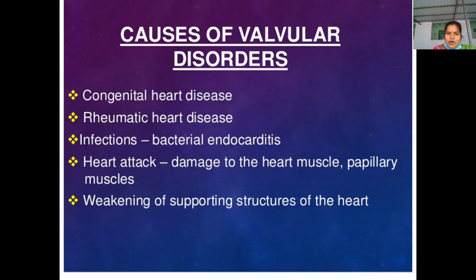So, causes of valvular disease. What are all the causes? Congenital heart disease, rheumatic heart disease, and infections, mostly bacterial endocarditis, and heart attack. In a heart attack, there is damage to the heart muscles, so the papillary muscles are also affected.